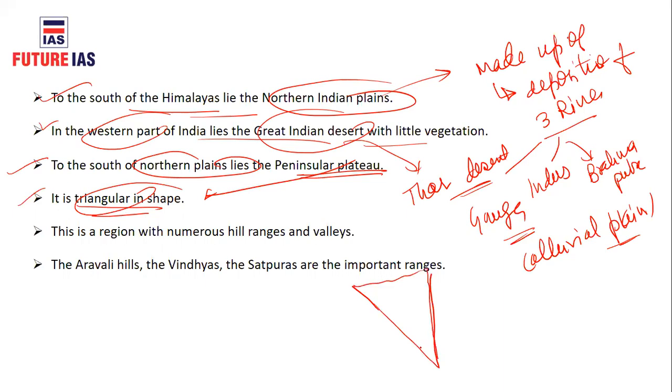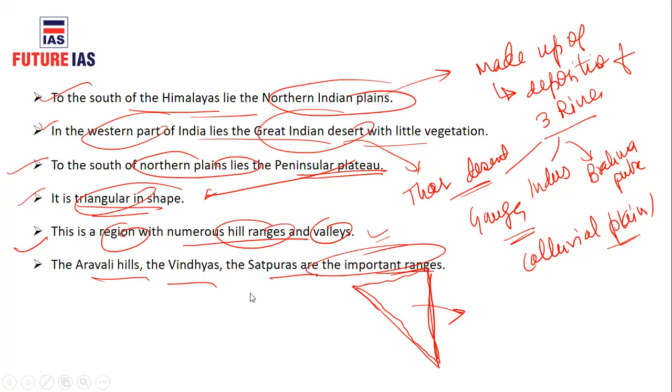So the shape of this region makes it an inverted triangle. This region has numerous hills and valleys. The Aravalli Hills, Vindhyas and Satpuras are the most important ranges which lie in this region.